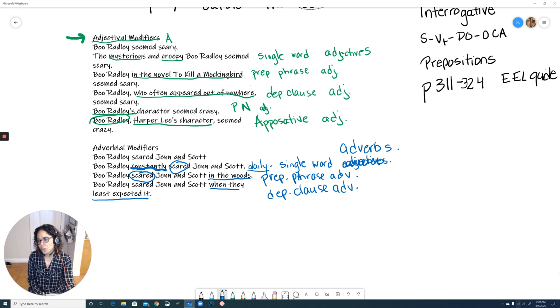So hopefully this helped you understand a little bit better how adverbs and adjectives can be used as modifiers in a sentence, and you should always be adding all of these different kinds of adjectives and adverbs to your sentences to make them more interesting. Okay? All right, I hope that helped you.